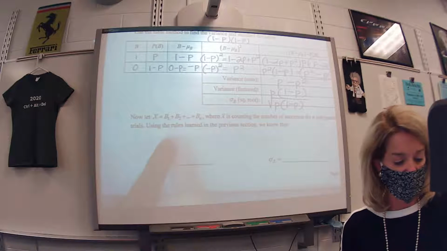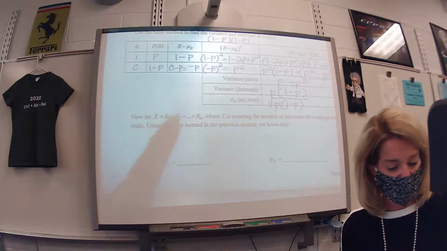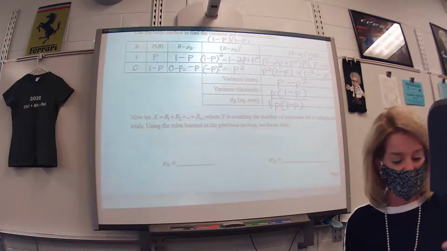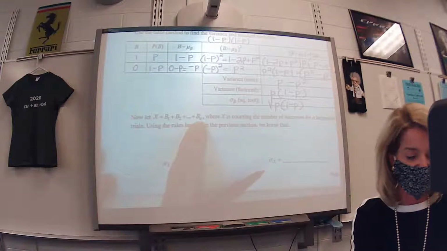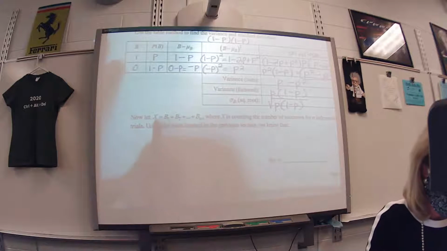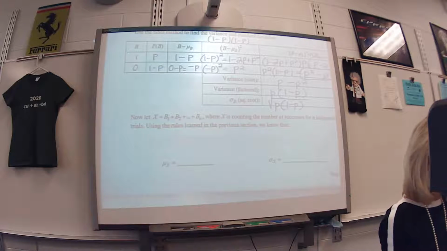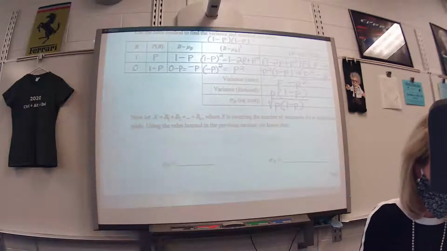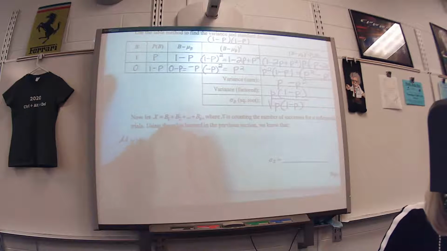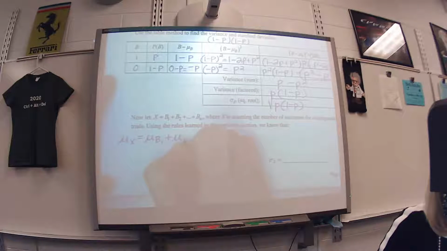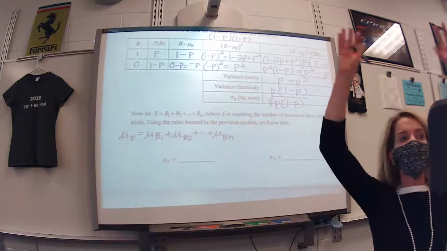Whatever b stands for, we have it the first time, the second time, the third time, all the way down to the nth time. Thinking about that apple example, mu sub x would have to be mu for the first b, added to mu for the second b, all the way up to mu for however many b's there are.